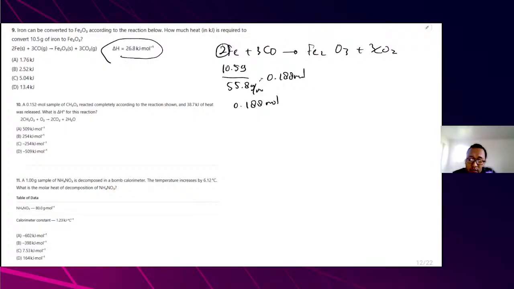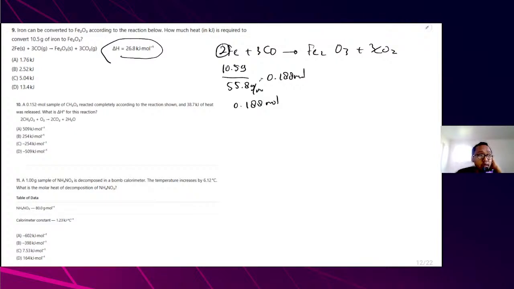If we just want to convert one Fe, not two Fe, we just divide by 2. No, not like that.